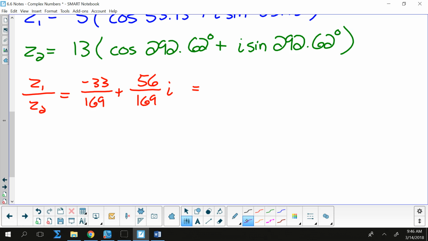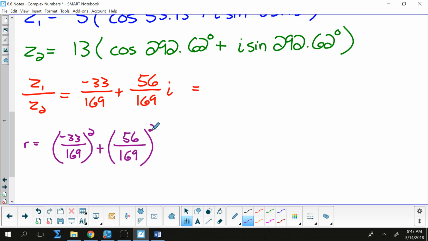What do I first have to do? Find the r. So r here is going to be negative 33 over 169 quantity squared plus 56 over 169 quantity squared, and then I take the square root of that, right?